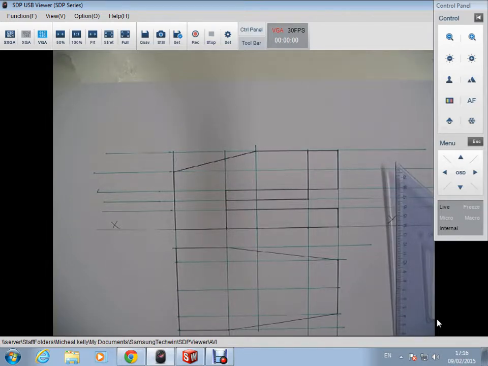The center for my curved part on the end of the drawing here is going to be here.